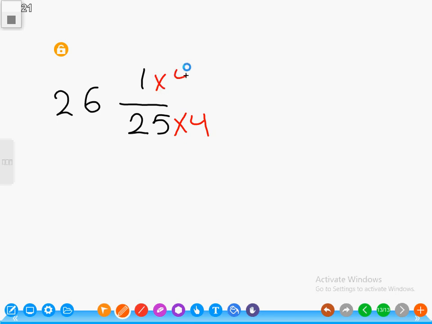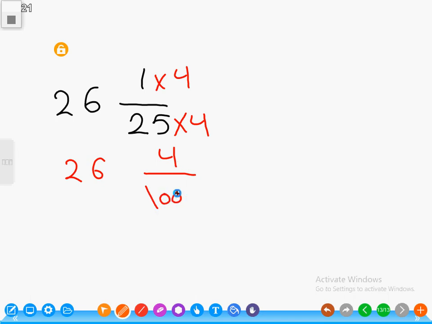Another example. 26 and 1 over 25, guys, sorry. Let's remember, what's the friend with 25? Yes, excellent, 4. So multiply by 4 and by 4. 1 by 4 equals 4. 25 by 4 equals 100.